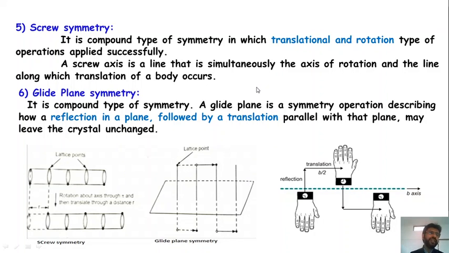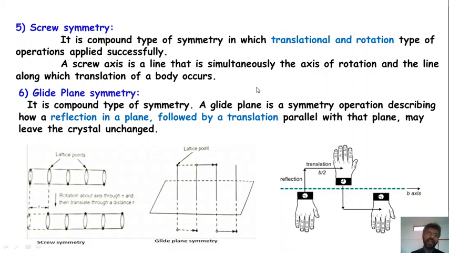Thus, the last one is the glide plane type of symmetry. It is also a compound type of symmetry. A glide plane is a symmetric operation describing how a reflection in a plane is followed by a translation. That means during this type of operation, we observe two types of symmetric operation.